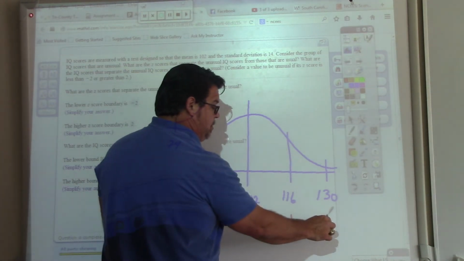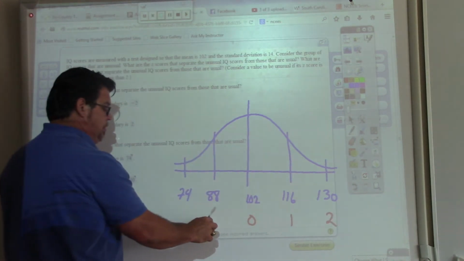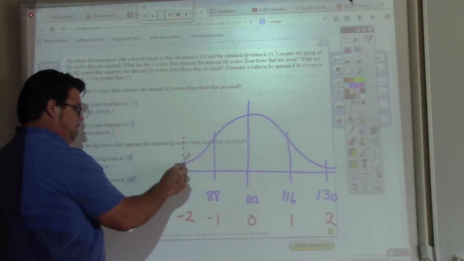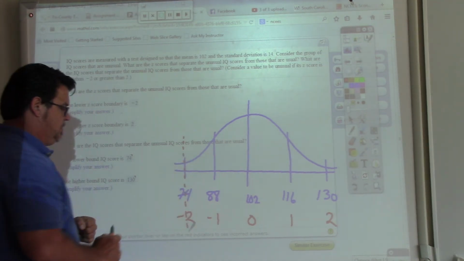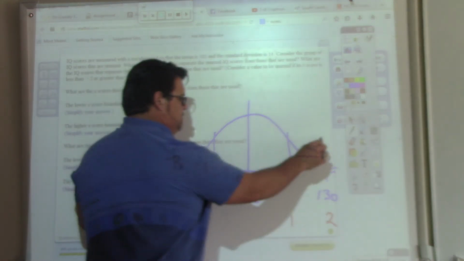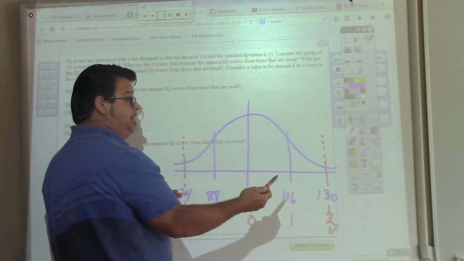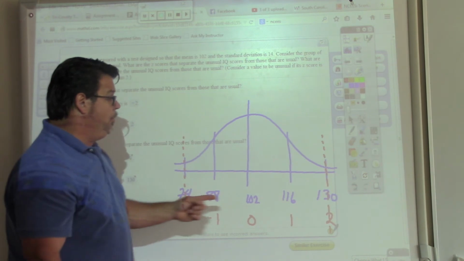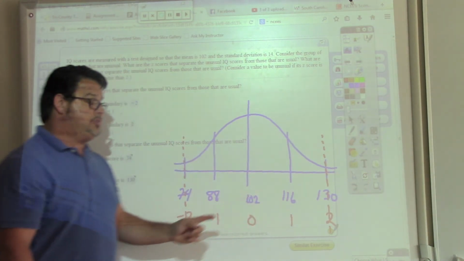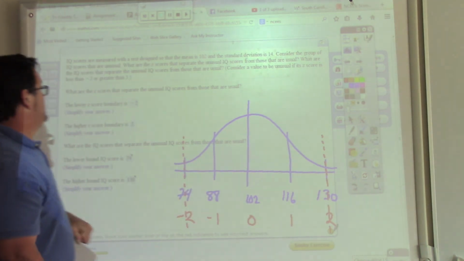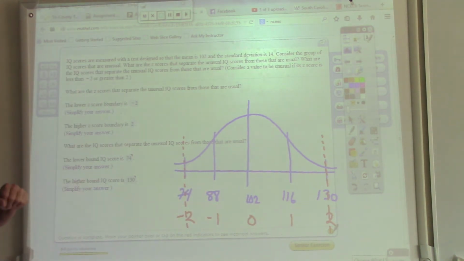And what's this z-score? 2. And so this kind of falls right there. And this kind of falls right there. So 95% is going to fall between 74 and 130, or z-scores of -2 and what? 2. Okay. And that's the way it rolls all the time.